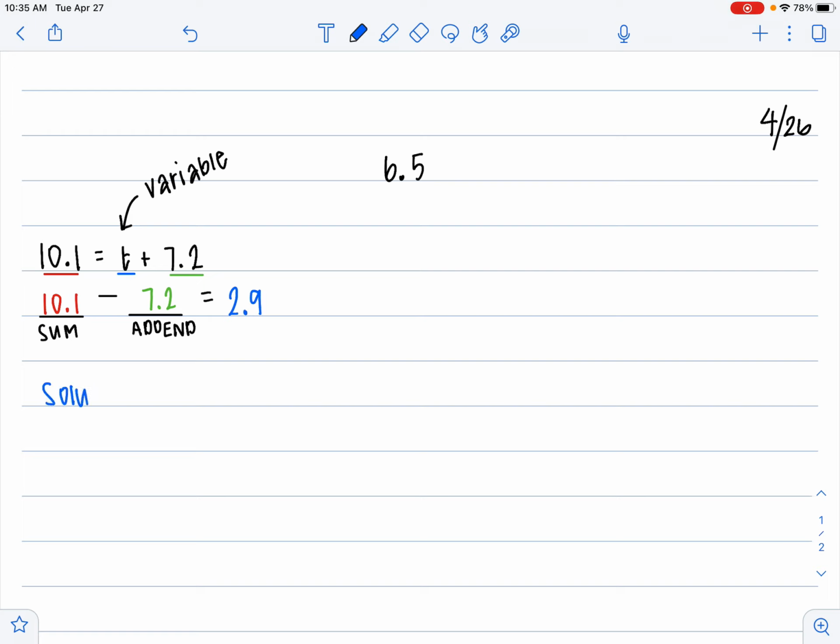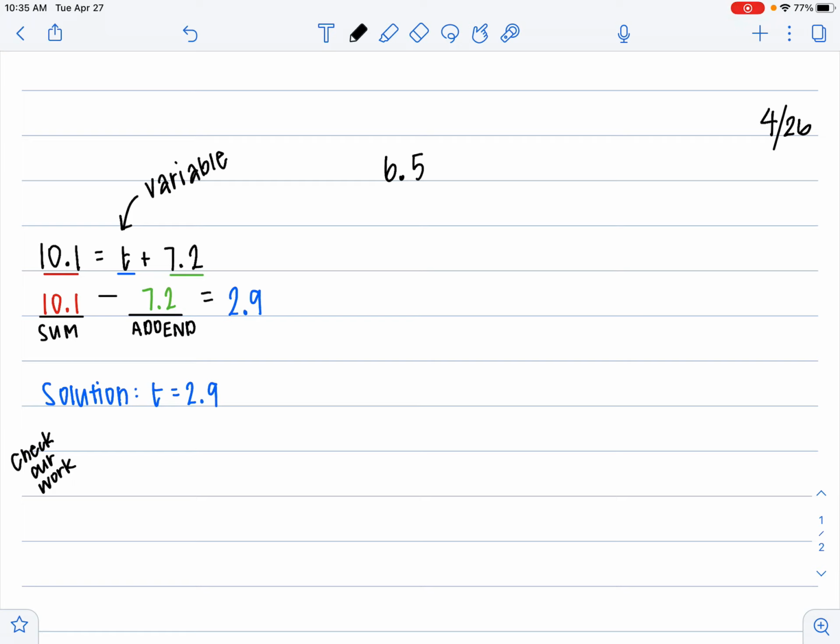T equals 2.9. But here's the great news. There's an easy way for us to check our work.